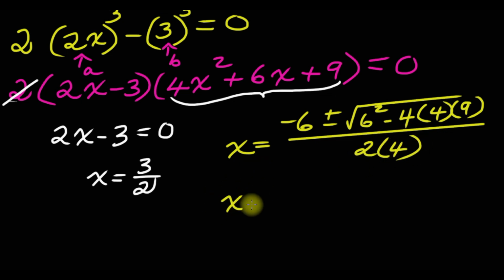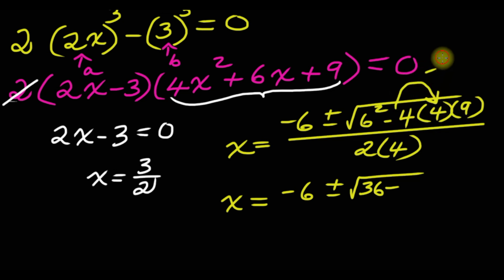So x is negative 6 plus or minus 6 squared is 36, take away, so here negative 4 times 4 is negative 16, times 9 is 144, and then that whole thing is going to be all over 8.